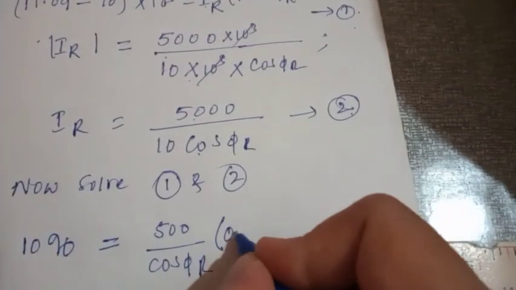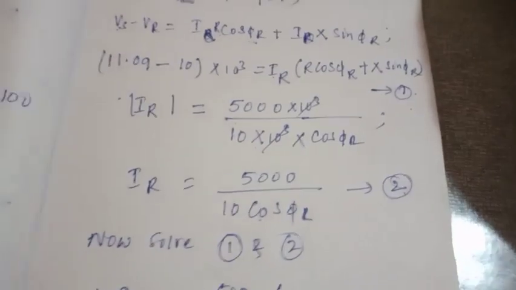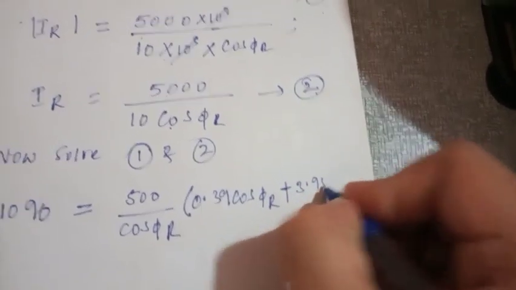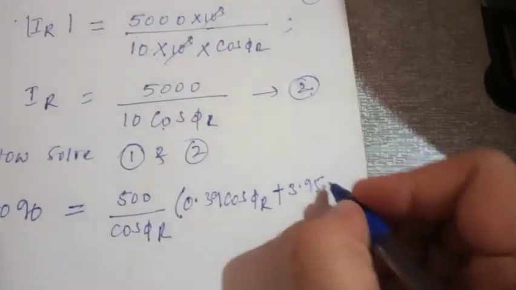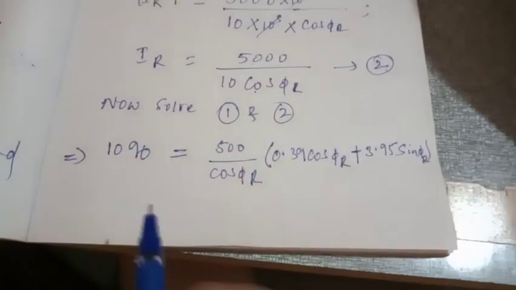It is IR into the resistance of the line, 0.39 cos phi r, plus the inductive reactance, that is 3.95 sin phi r. It's very simple now.